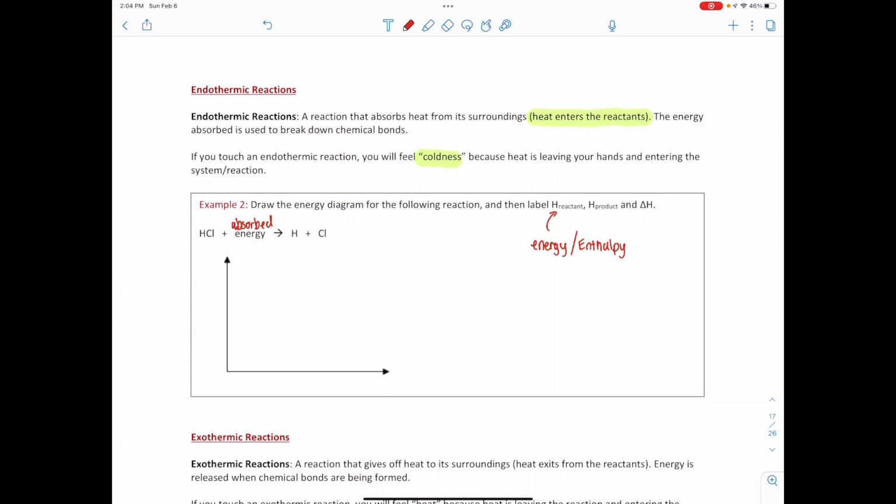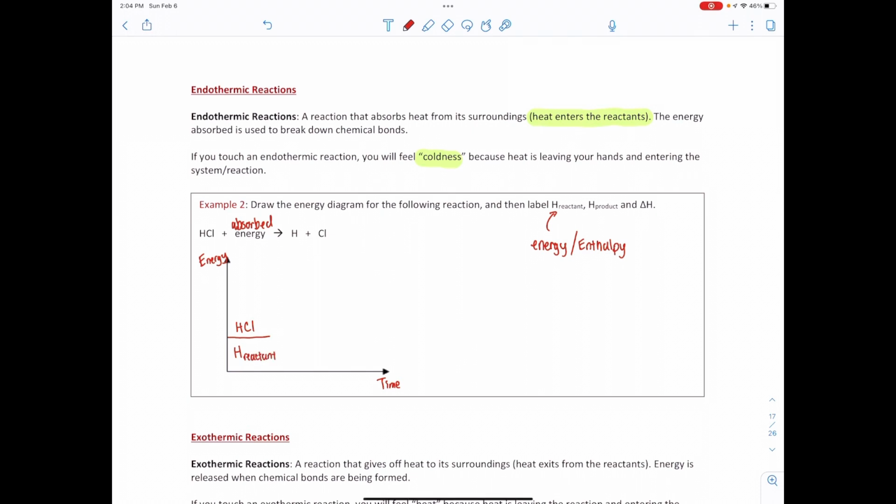Now, when I look at this reaction, let's say on my y-axis I have the energy, the amount of energy in the system, in my molecules. And the x-axis can be the time or the progress of the chemical reaction. If I have HCl, I can arbitrarily set HCl to have a certain amount of energy, the H reactant.